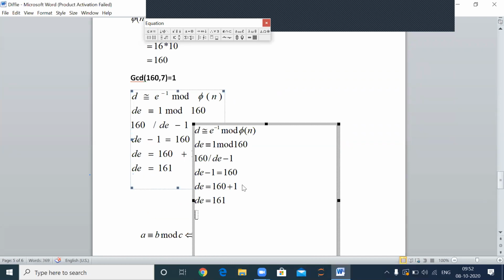With this, what is e given? e is 7. So d is equal to 161 divided by 7.